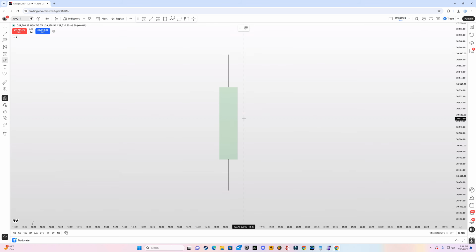So again, if we see aggressive buyers within the body of the candle, not the wick, then that is a follow through. That is actual follow through. It's showing that price is going up with the aggressive buy orders coming in, right?